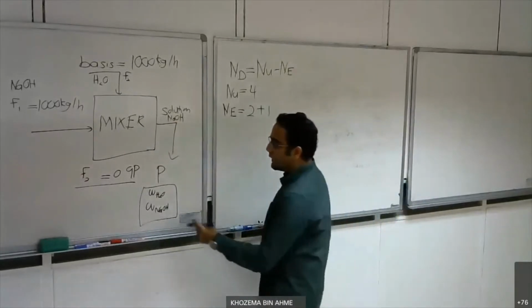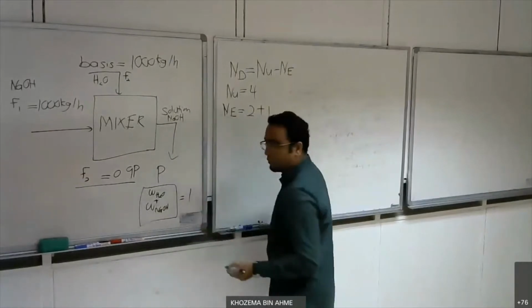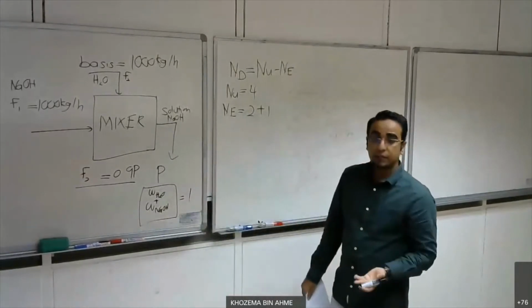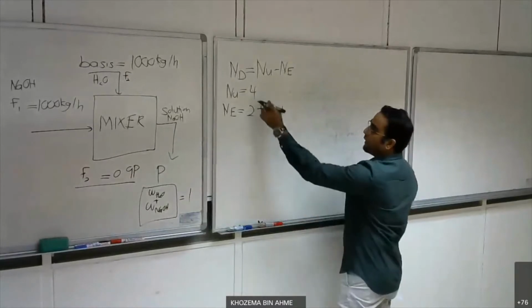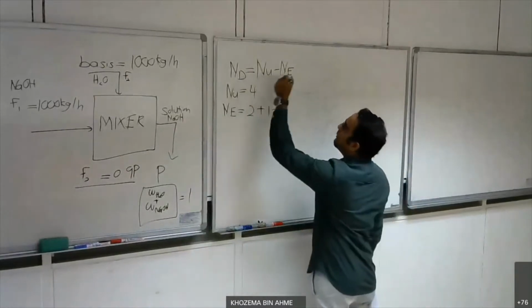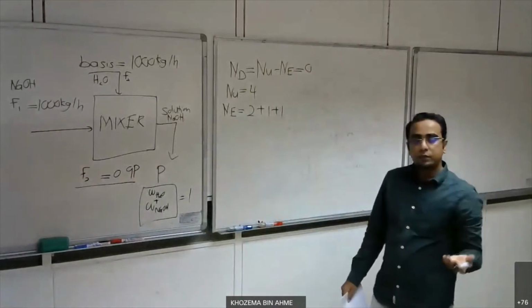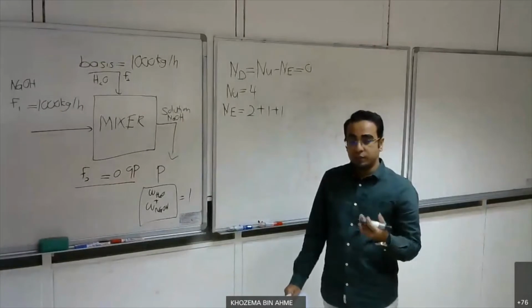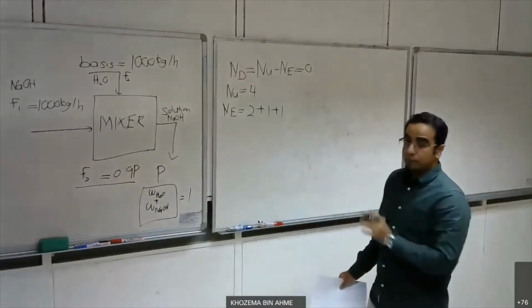Meaning that WH2O plus WNaOH must equal 1. So this is another independent equation. So I have plus 1 here. So I have 4 minus 4, so I get my Nu is equal to 0. When Nu is equal to 0, we say that this question is solvable. So now that is step number 4.